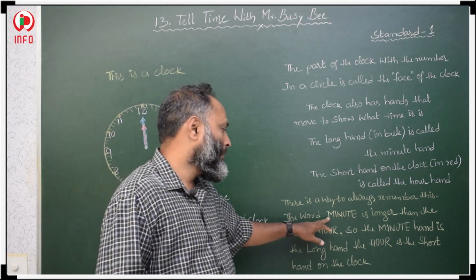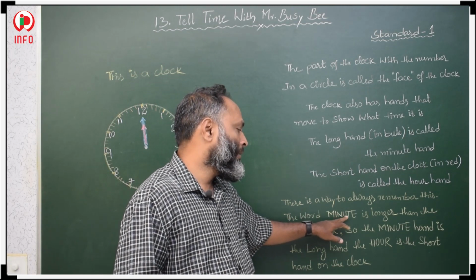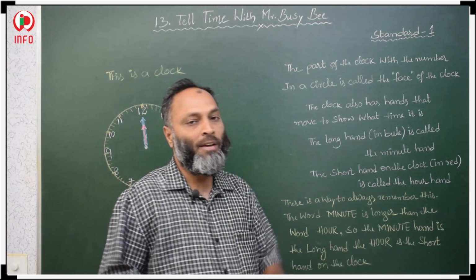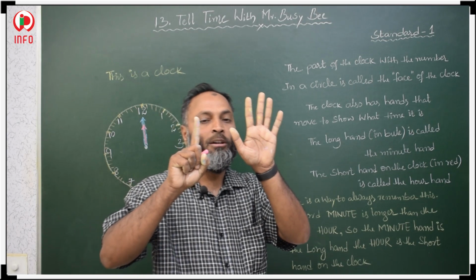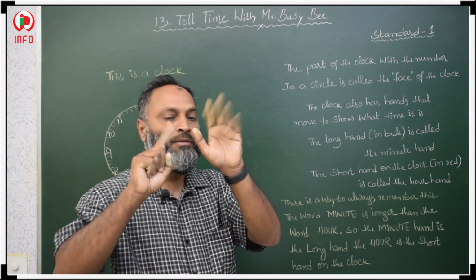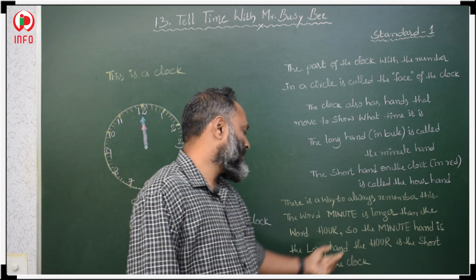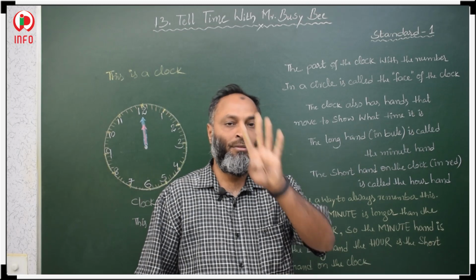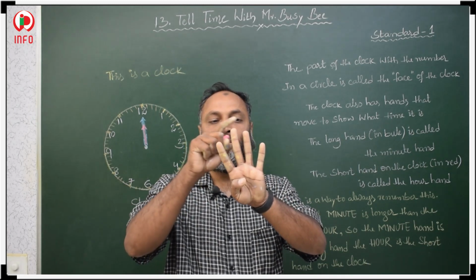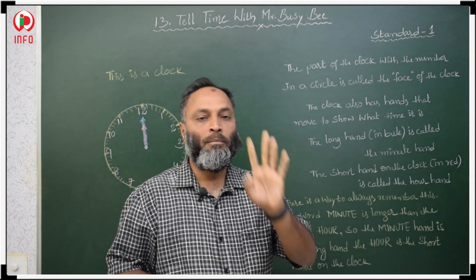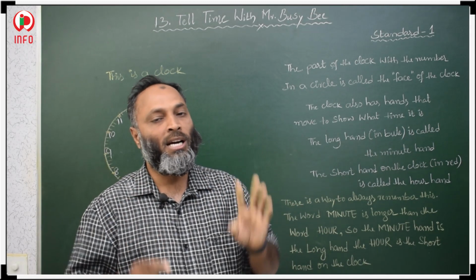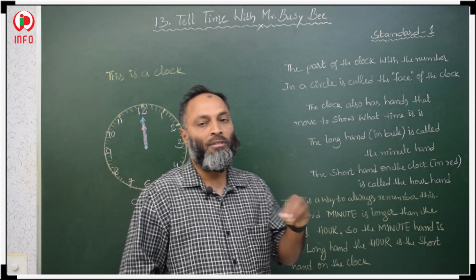Here, minute, M-I-N-U-T-E. In minute we have 6 alphabets. And in hours, H-O-U-R, we have 4 alphabets. 6 alphabets are more.